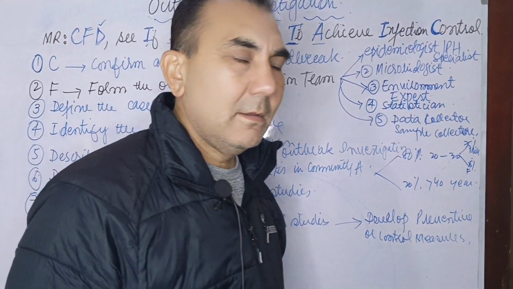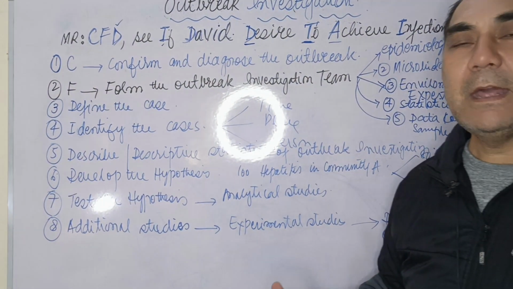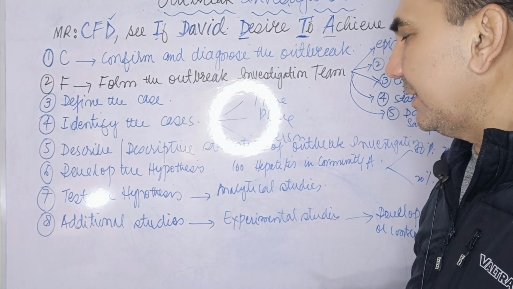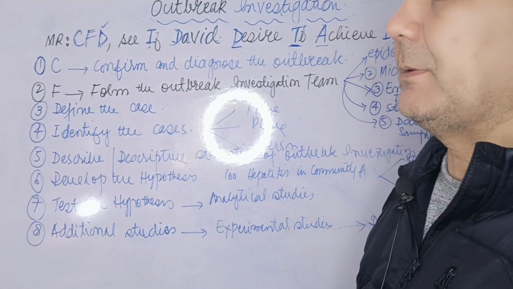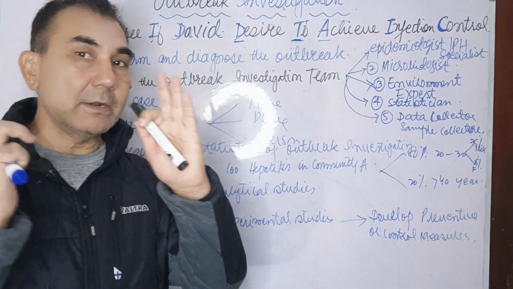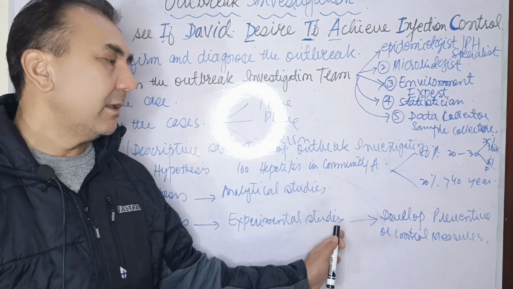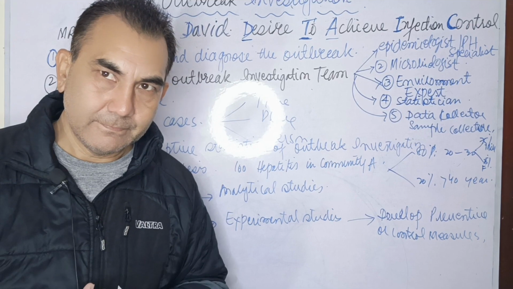After the analytical study design, you will conduct any other additional studies, and these additional studies mostly happen in the experimental study design. Through the experimental study design, you will come up with controlling measures.